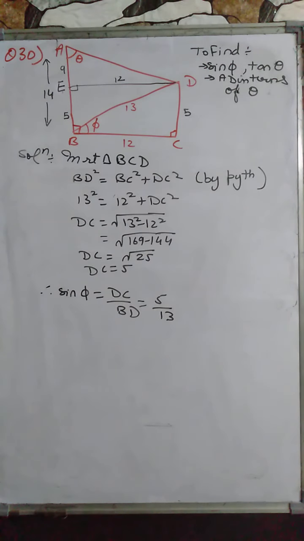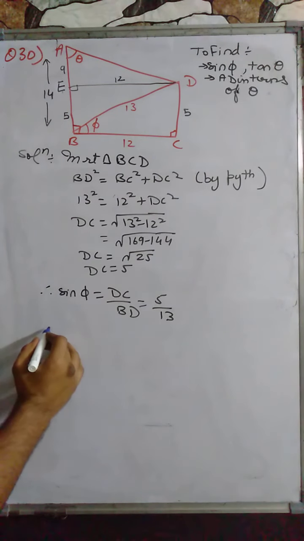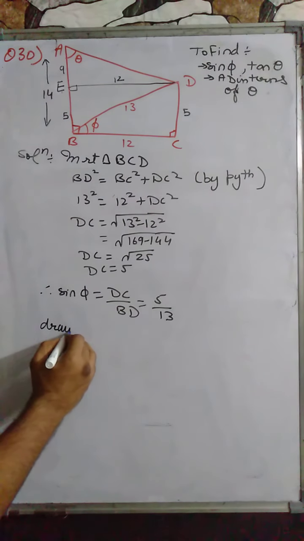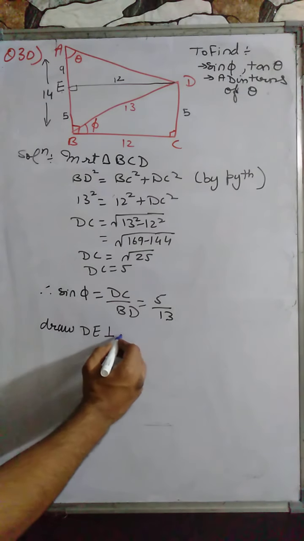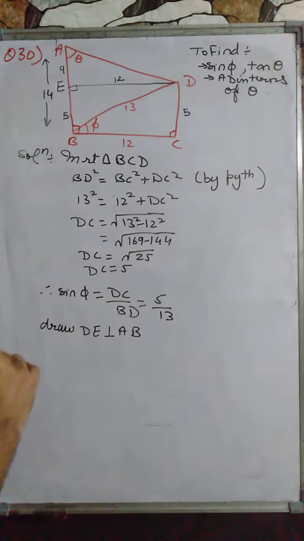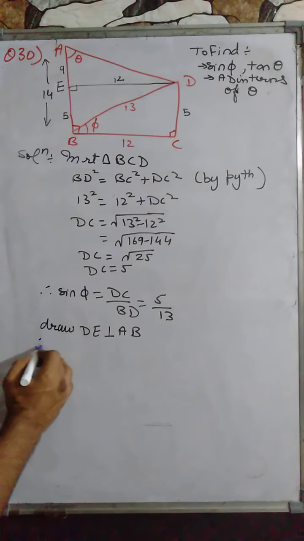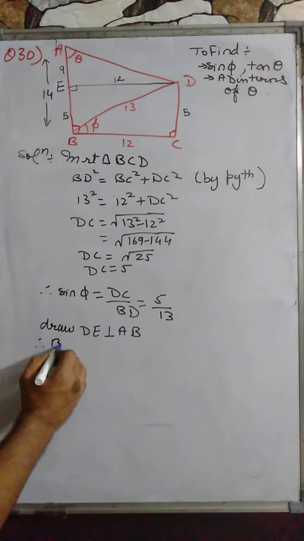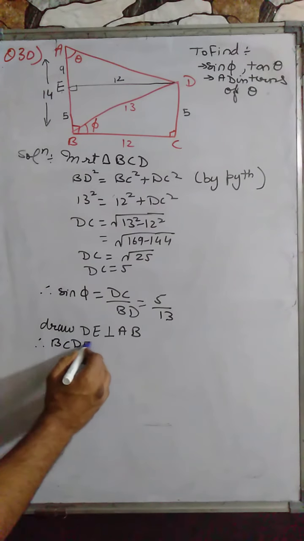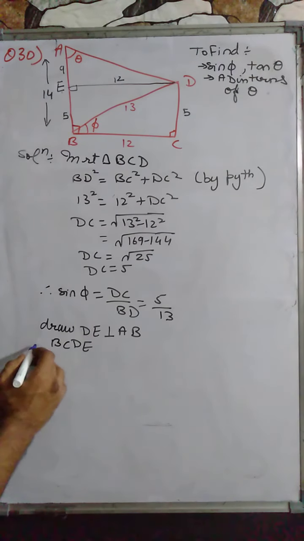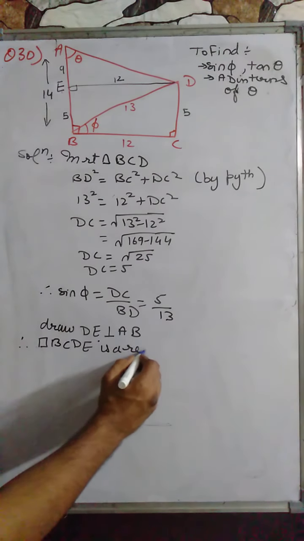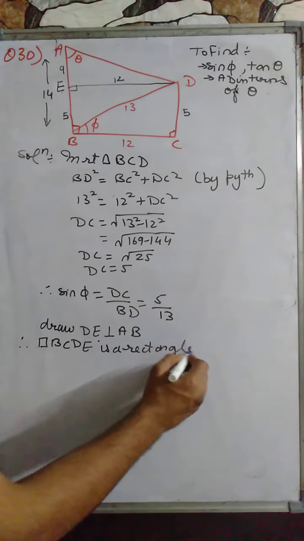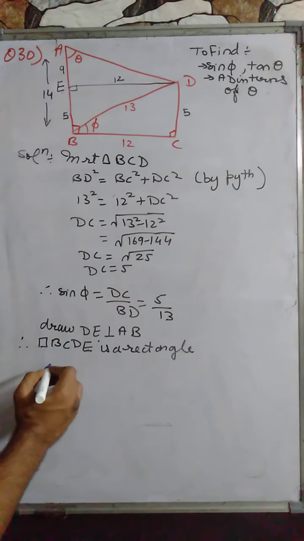Correct? So now I need tan theta. Here we have to draw DE perpendicular to AB. If you draw DE perpendicular, then quadrilateral BCDE is a rectangle. If this is a rectangle, what happens?